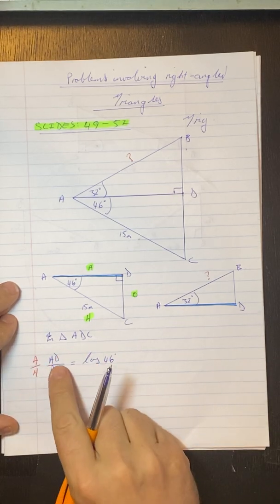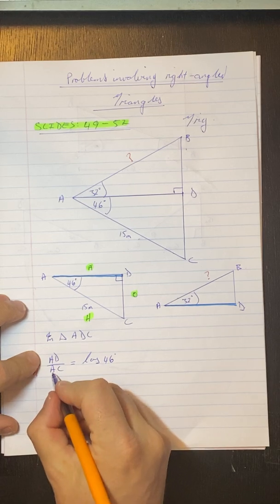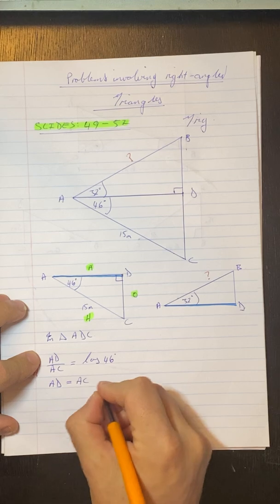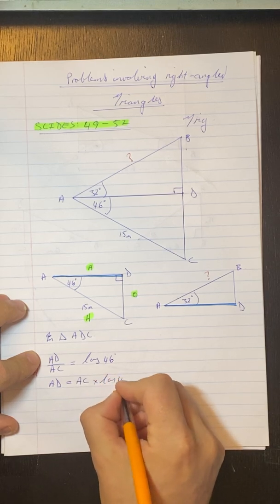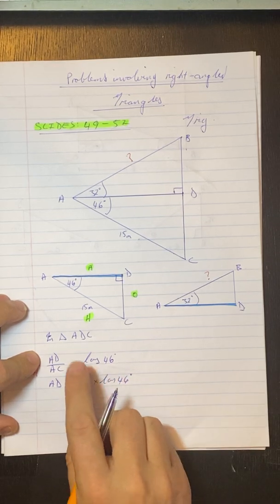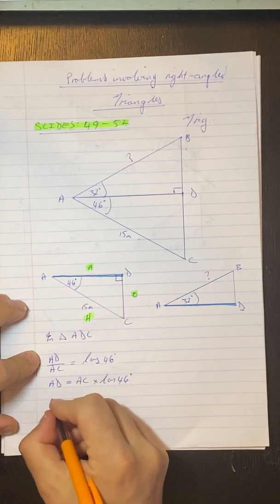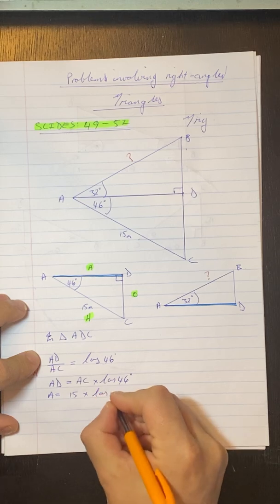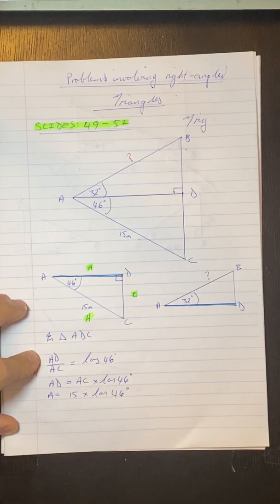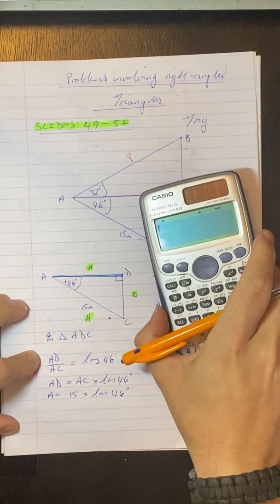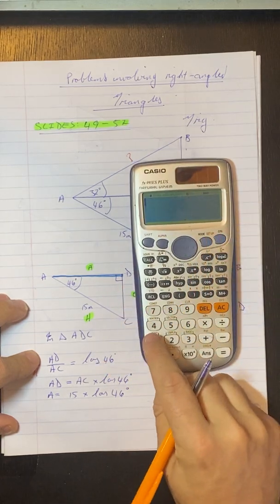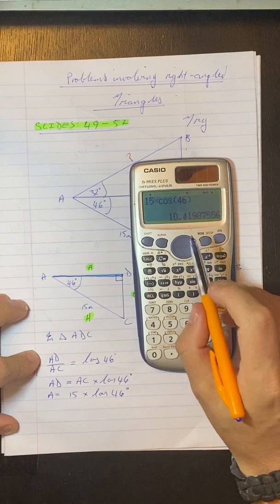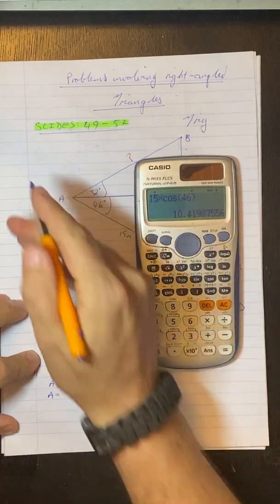Okay, I'm going to get the AD on its own just by multiplying up by AC. So we get AD is equal to AC multiplied by cos 46. We know what AC is, it's 15. So AD is equal to 15 times cos 46. Get your calculator. And then we just say 15 times cos 46, and we're going to round this off to 2 decimal places.